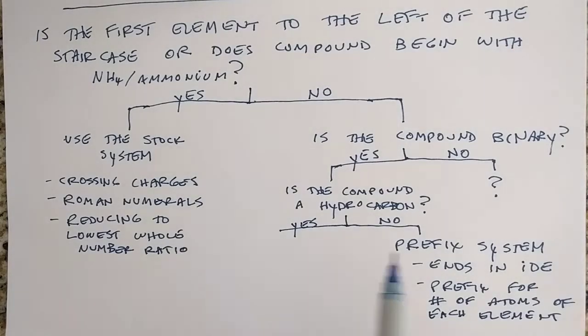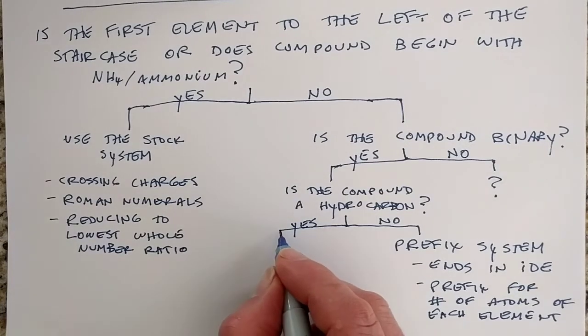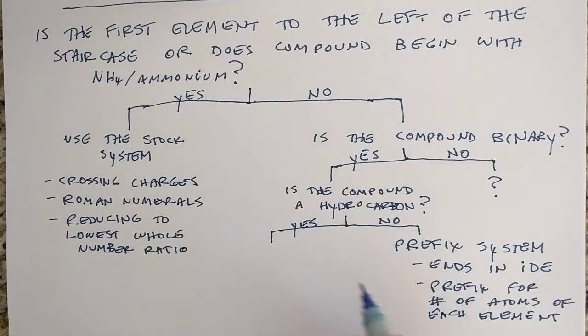Now, what about if our binary compound is a hydrocarbon? Then we're going to use our hydrocarbon F&N system. We only did a small subset of those compounds.